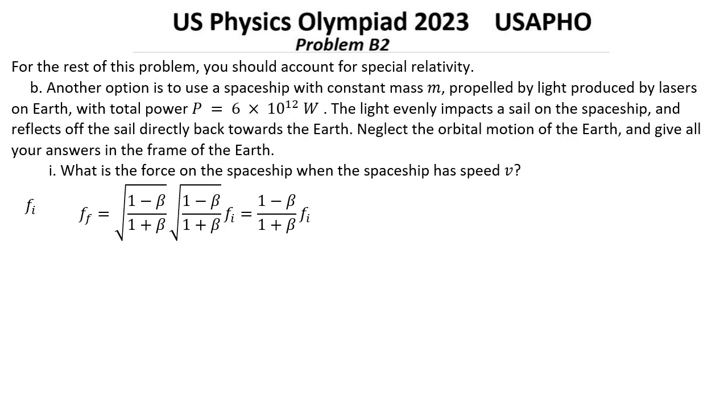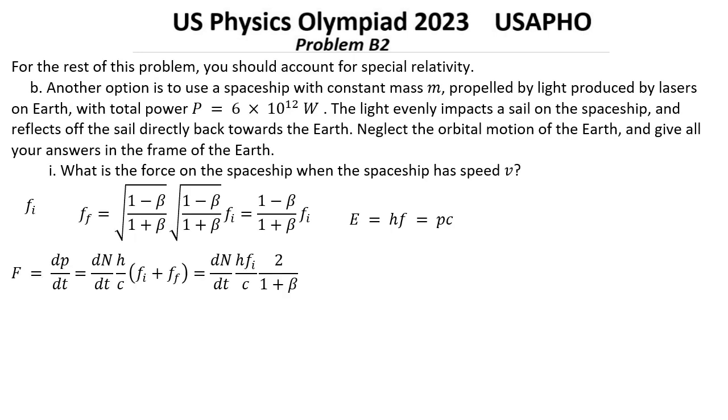Applying conservation of momentum and using the fact that the momentum of a photon is related to its energy by E equal hf, which is equal pc, we have force F equal delta p over delta t, which is equal to delta n over delta t multiplied by h over c and multiplied by frequency initial plus frequency final, which is equal this expression.